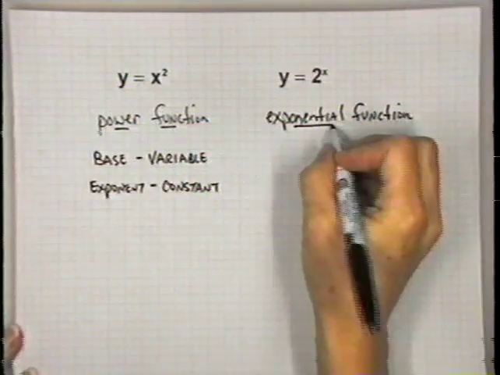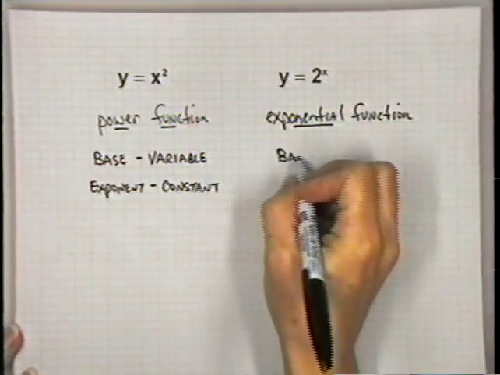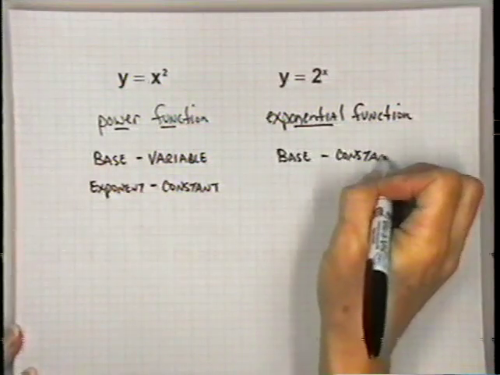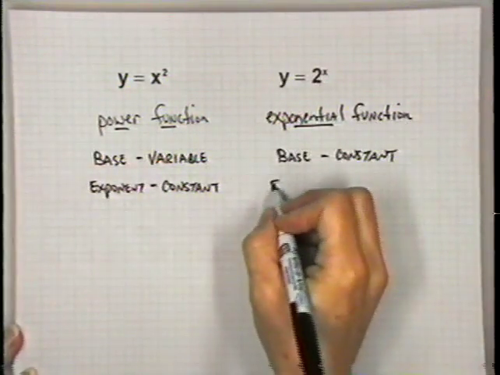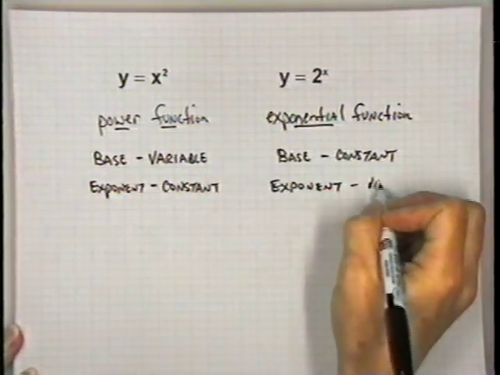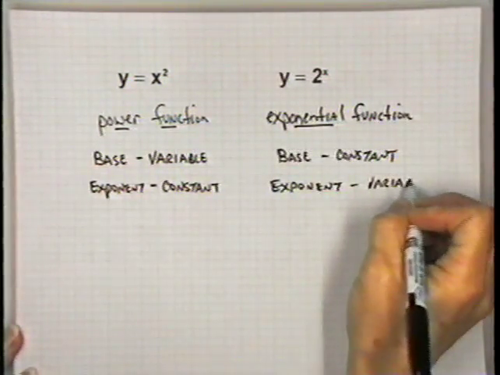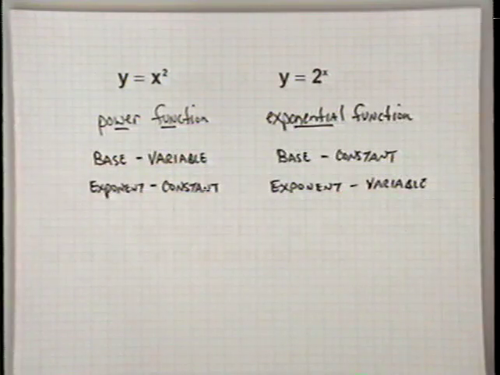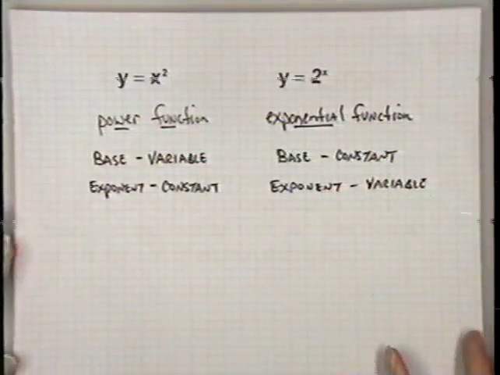However, on the exponential function, the base is a constant and the exponent is a variable. So we can recognize exponential functions by asking ourselves whether or not the base is a constant or a variable, and whether our variable is in the exponent or not.